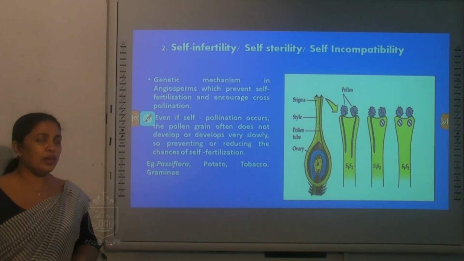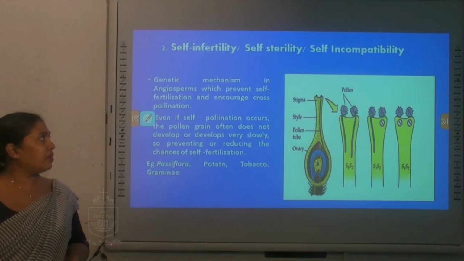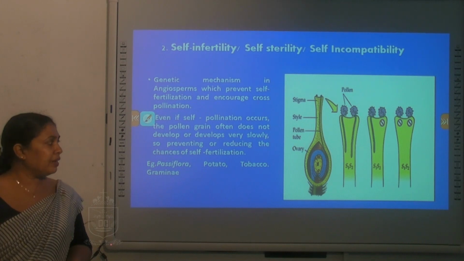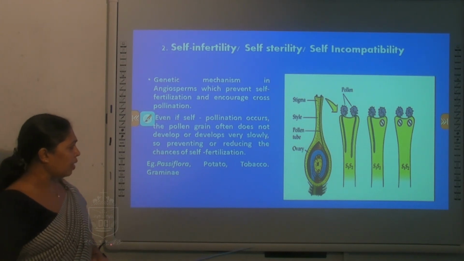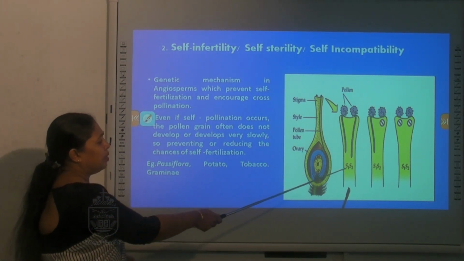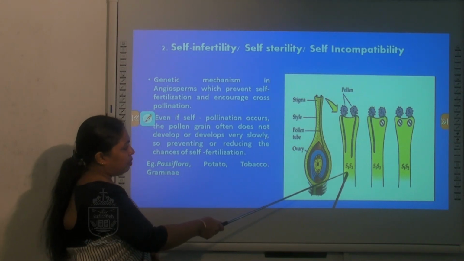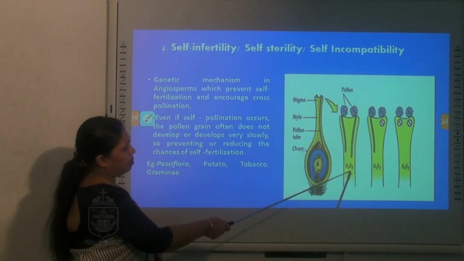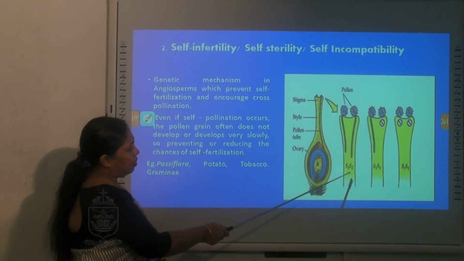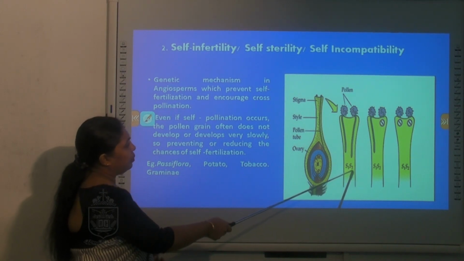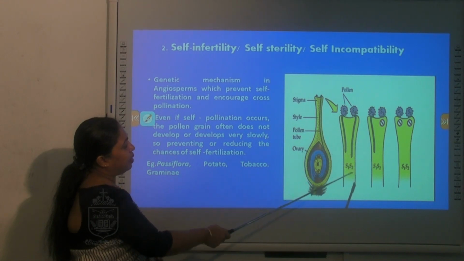And the second occasion is self-infertility or self-sterility. It means here you can see the genotype of this plant is S1 and S2. So the same stigma is there.